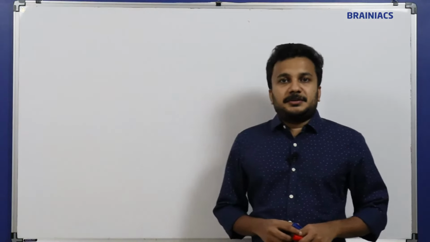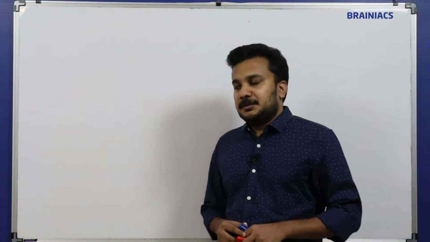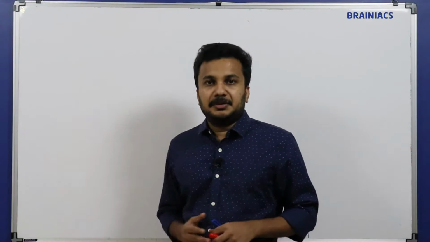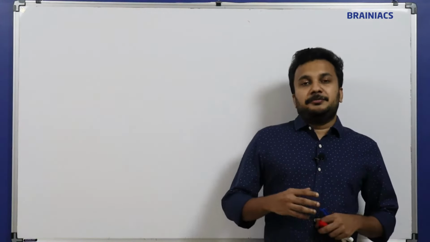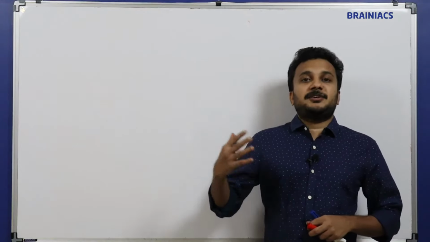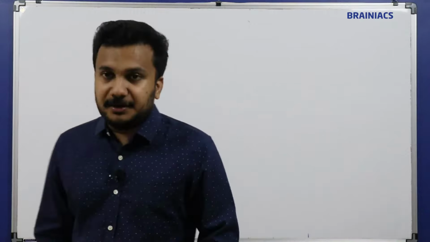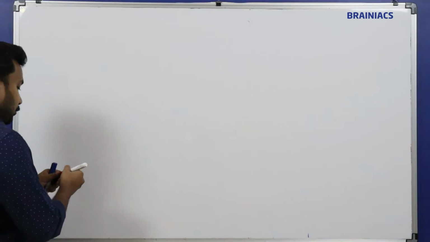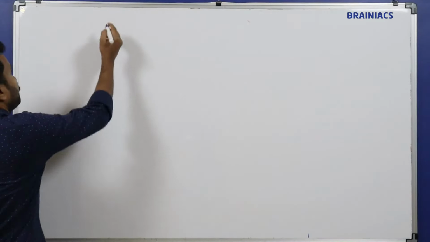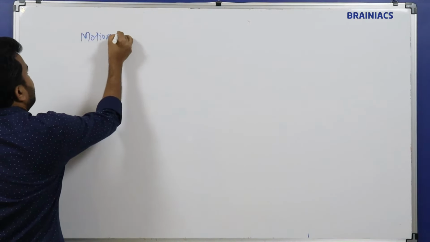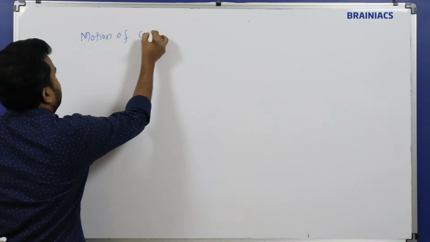Welcome to the next topic. As we told in the last topic itself, there will be a derivative of center of mass, and we will see it in detail. Look into this board. You can write down the heading called motion of center of mass.